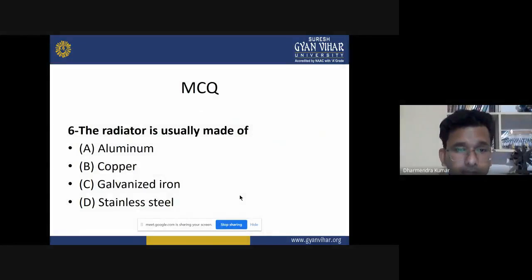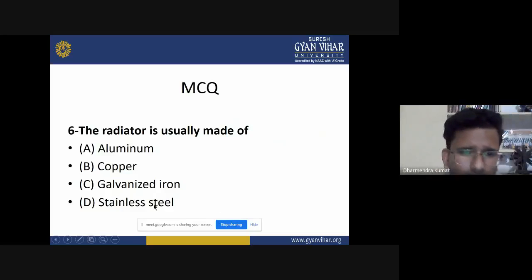Now the sixth one is: the radiator is usually made of... We have already discussed which material is used for making a radiator. Copper content is maximum. However, aluminium and plastics are also used in making radiators, but the quantity of copper is more.